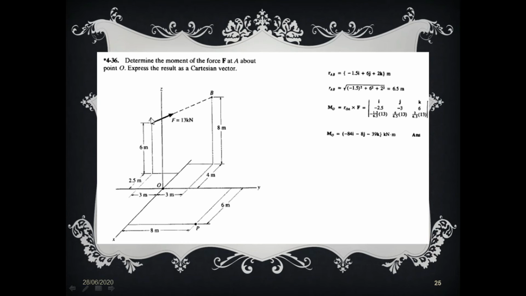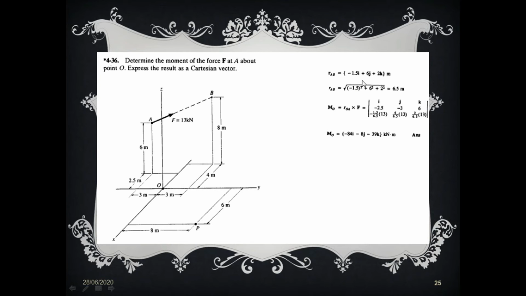So we can subtract the coordinates of A from the coordinates of B. If you look at it, because it is B coordinates minus A coordinates, the x component will be minus 4 minus 2.5.